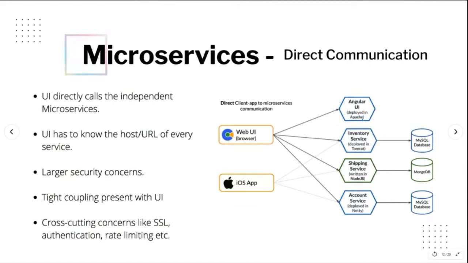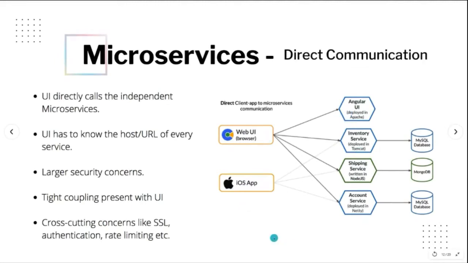That's absolutely fine. Polyglot is perfectly fine here. Each of these services can also have its own independent database. And my UI, and a mobile application if I have one, can invoke these services.